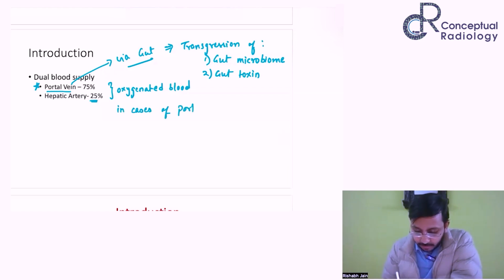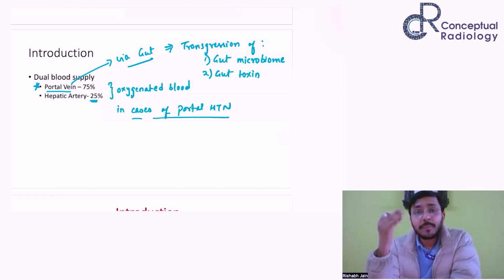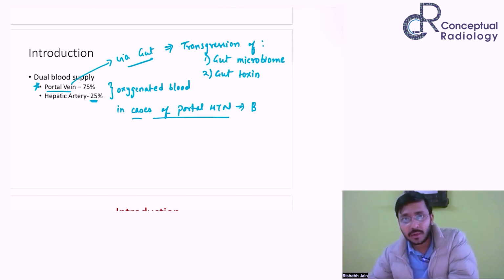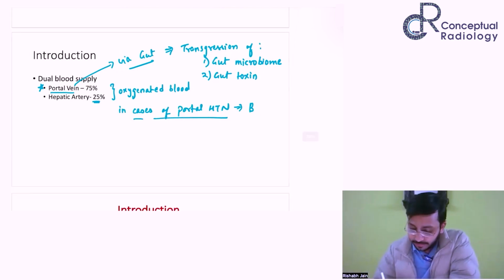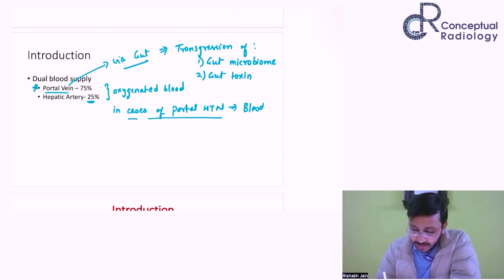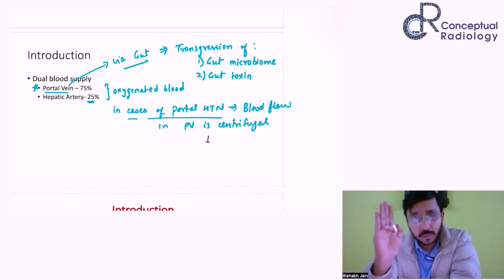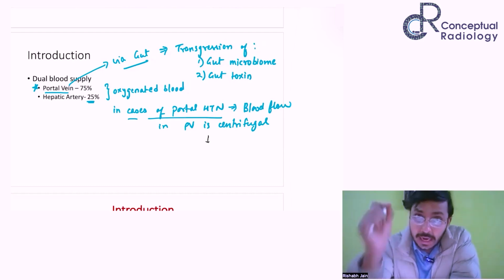In cases of portal hypertension, we know that the pressure in the portal vein is high, and there can come a time when the blood flow in the portal vein is centrifugal, or away from the liver. In that case, the predominant blood supply to the liver is via the hepatic artery.